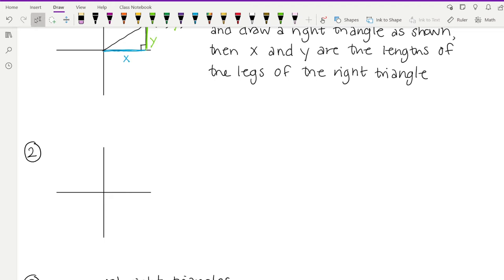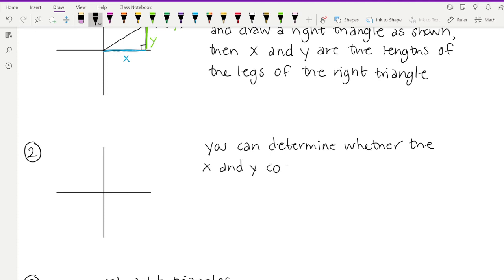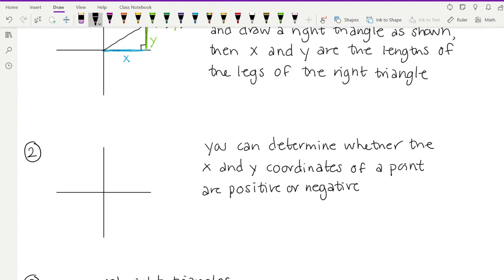Okay, the other important thing you need to know, and this is again something that we've talked about, is that you can determine whether the x and y coordinates of a point are positive or negative based on what quadrant the point is in.